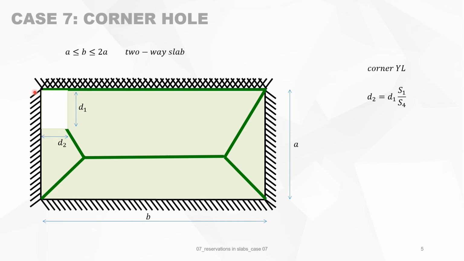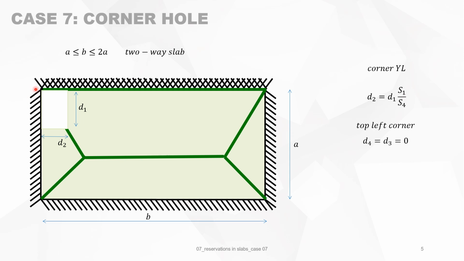To describe the conditions of case 7: the corner of the reservation must be on the yield line. That means that d2 is equal to d1 times s1 divided by s4. S1 is this, and S4, of course, is that.